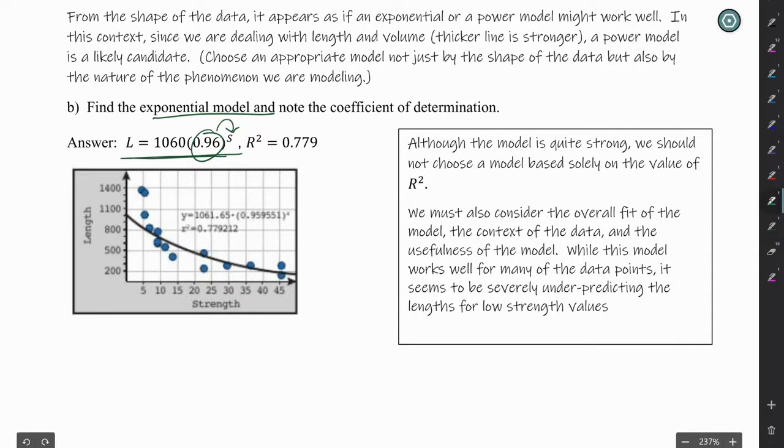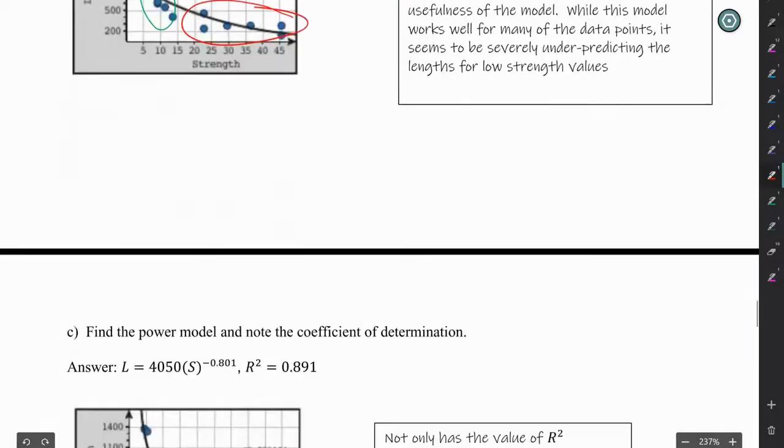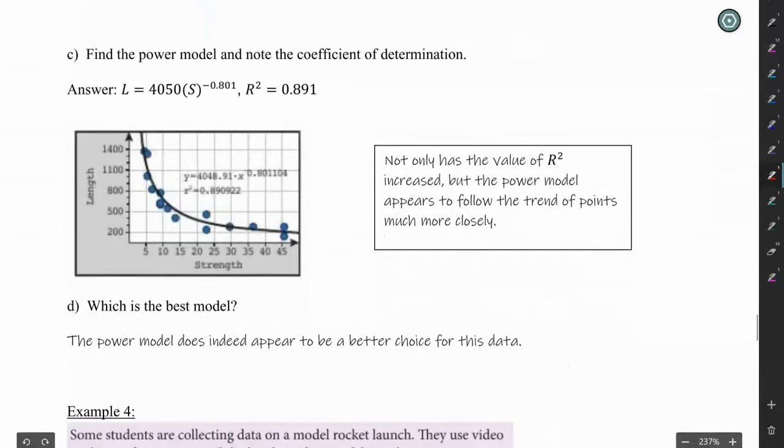If we look, this part of the graph does not look like our model is in a good relationship with those points. Down here, as the strength gets larger, the points fit the model, but in the beginning, not so well.